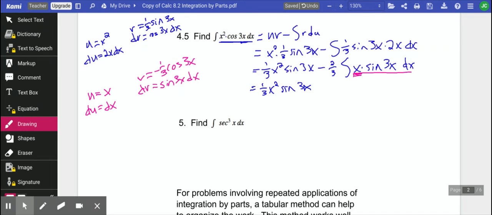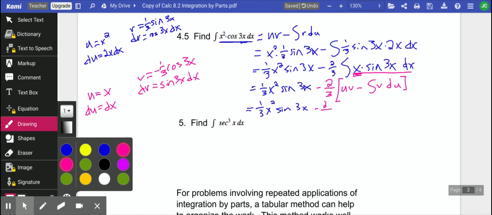All right, so we have minus 2/3. Now that negative 2/3, that's going to go on the outside. And now we're going to do the uv minus integral v du. Okay, get all my colors straight here. 1/3 x squared sine 3x, that's just going to stay the same.